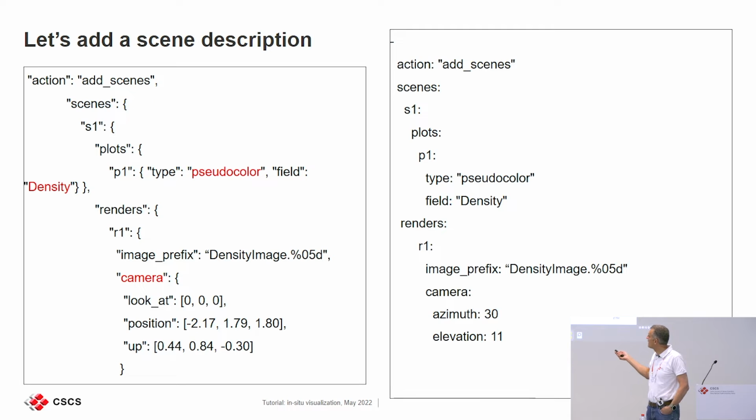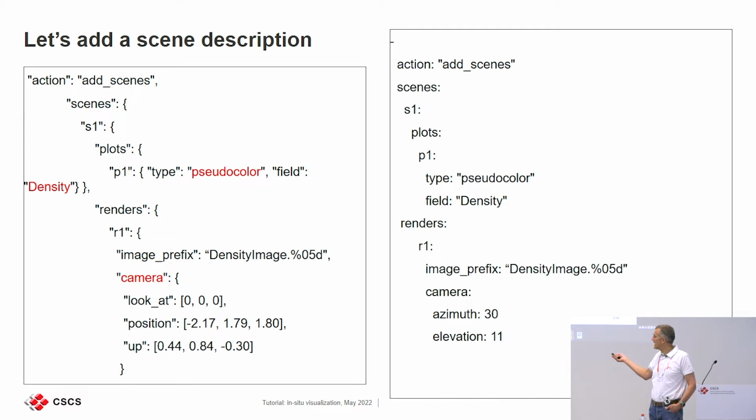and this is what I recommend to use. So the scene description, S1 plots, one pseudo color of the field density, one render action with a file name based on the iteration index. Here I've used two different examples just to show you the possibility.